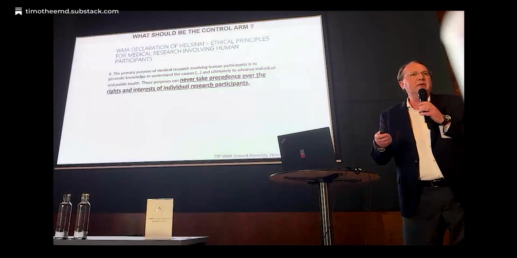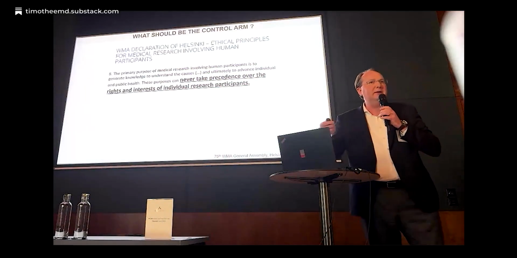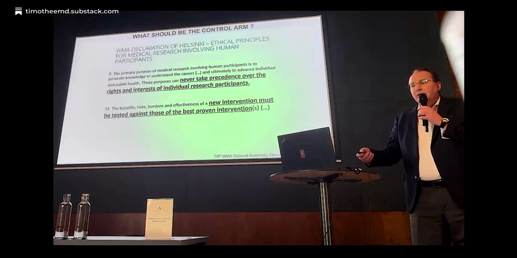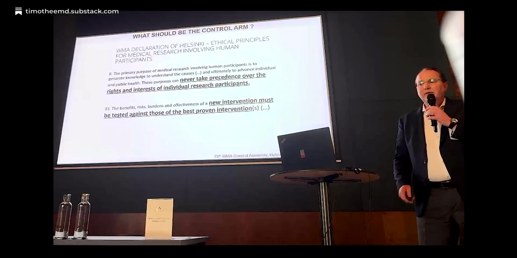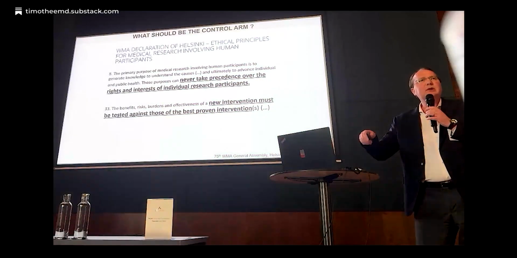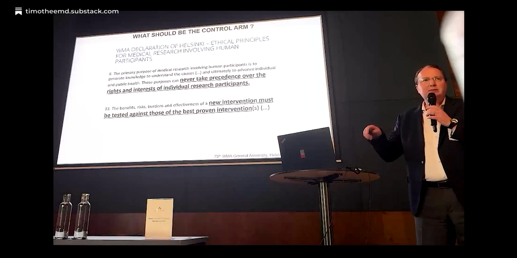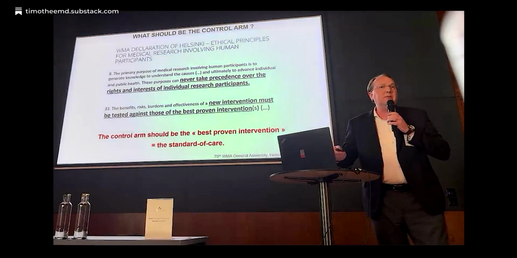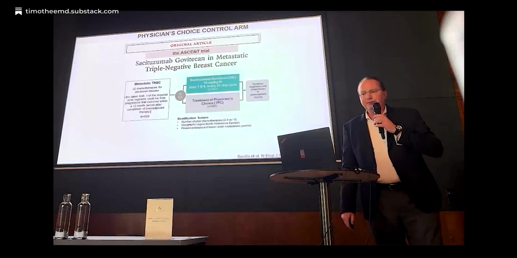This is pretty straightforward. You would not enroll your friend in such a trial, but I think it's always a question to ask yourself. Also, the new intervention must be tested against the best intervention. This is not talking about placebo. Placebo is another topic, but in other words, the control arm should be the best standard of care.